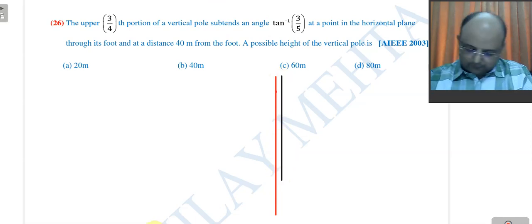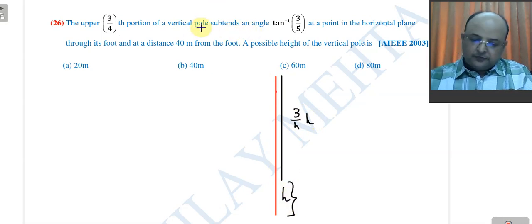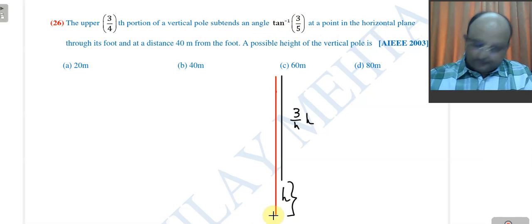What does your upper 3/4 part of the vertical board do? This is 3/4 h, suppose, and this is your h. It subtends an angle of tan inverse 3 by 5 at a point of the horizontal plane.